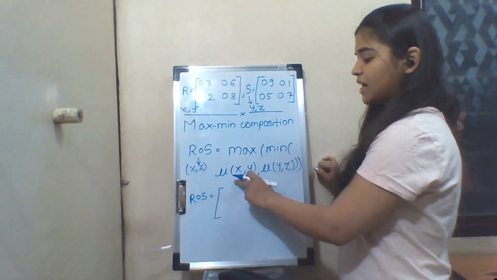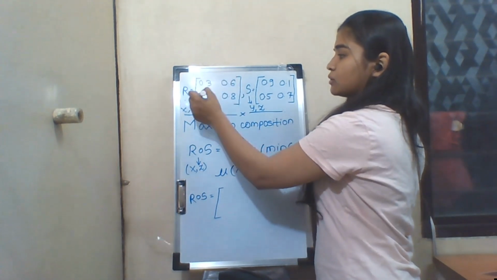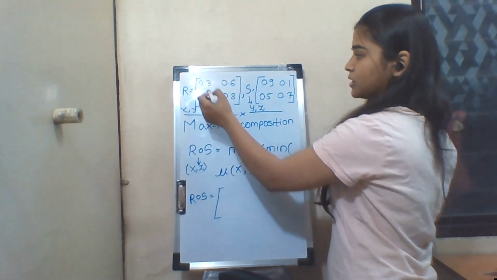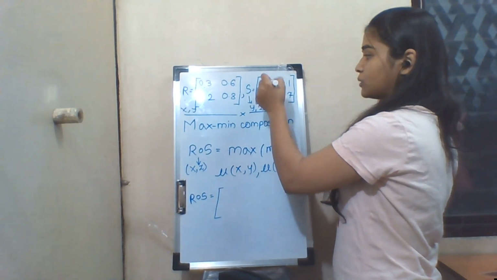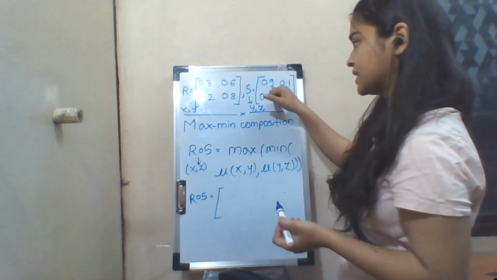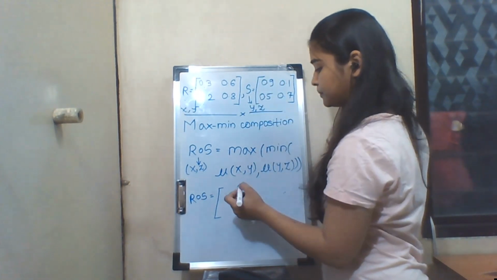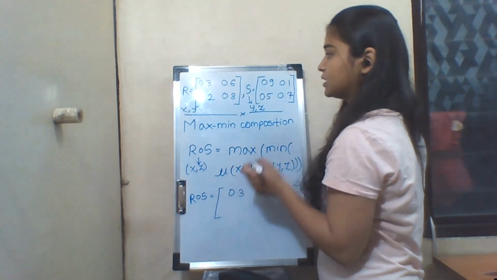What is mu of xy? Xy are the points which specify the position of a particular element. So mu of xy is 0.3, first element, and mu of yz is 0.9, first element. So we have to select the minimum of 0.3 and 0.9, which is 0.3.